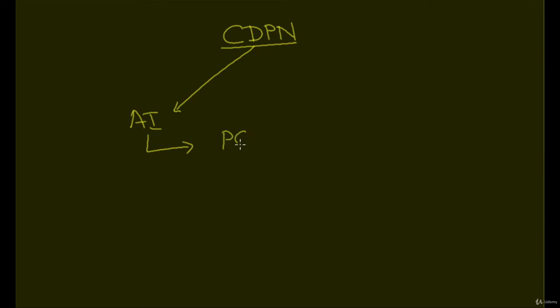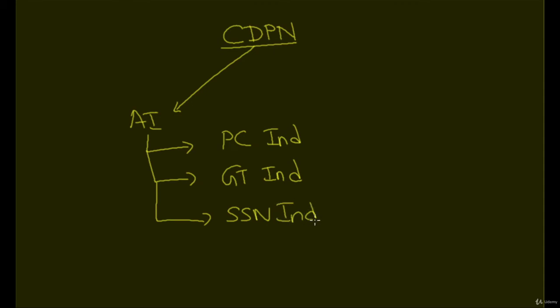First, whether point code is there or not, point code indicator. Whether global title is there or not, GT indicator. Whether SSN is there or not, SSN indicator. Whether point code plus GT both to be used or not. Like what is the routing indicator. Okay, whether the routing is based on point code, GT, or SSN, or all three.